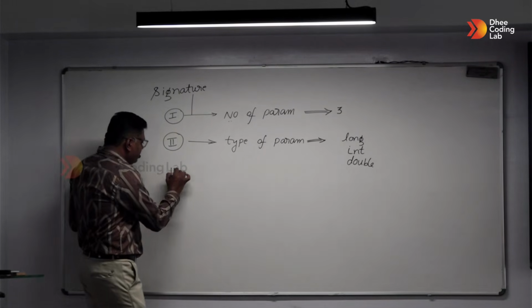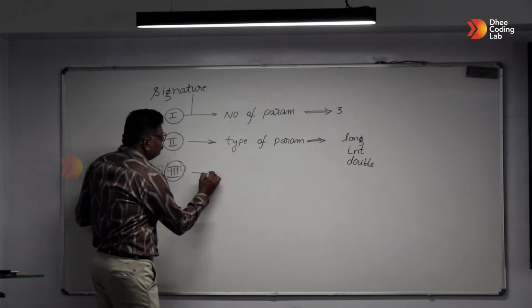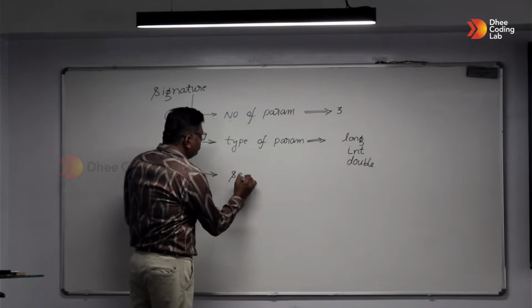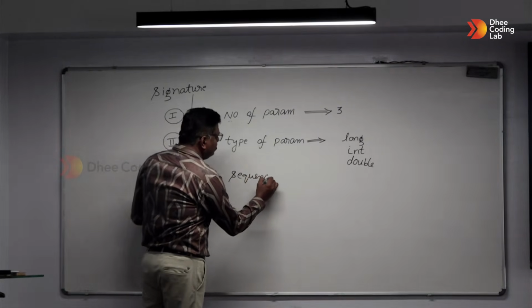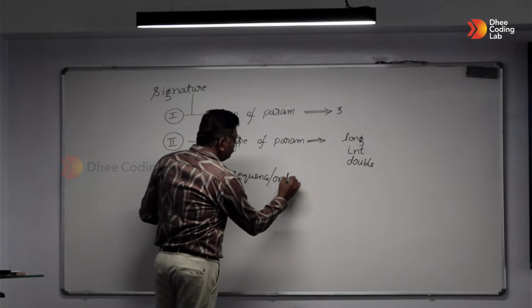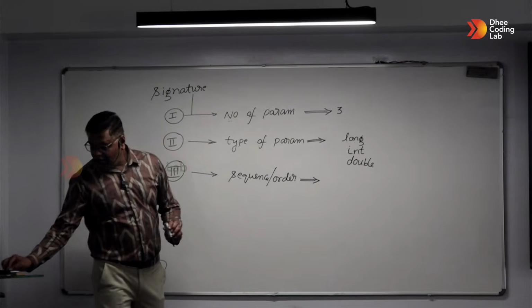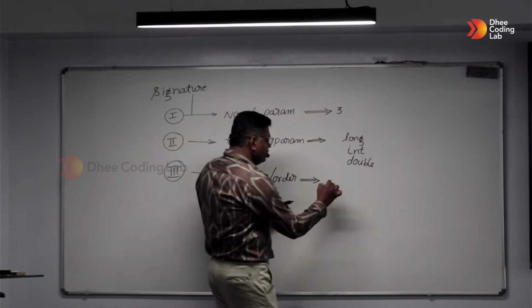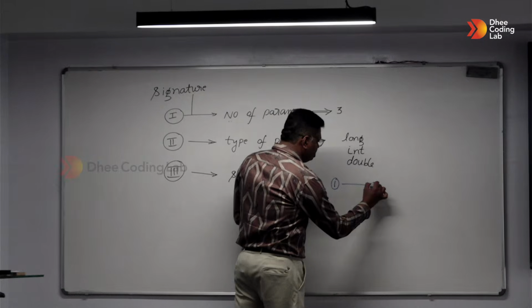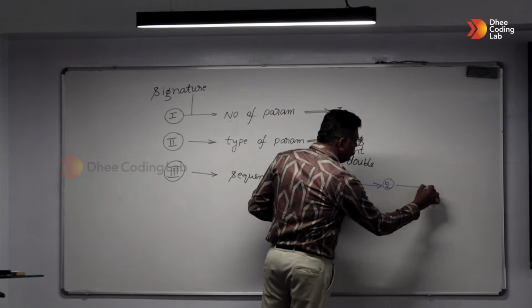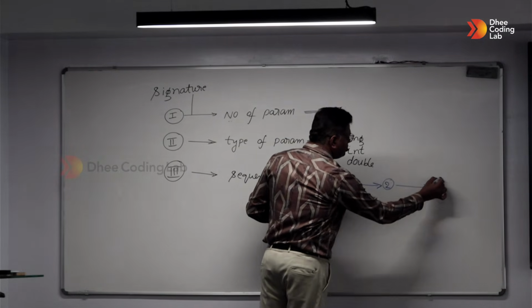The third priority is always given to the sequence or the order of parameters. What is that? Sequence or the order of parameters. So now in our case, tell me how many parameters are there? Three. The first one, the second one, and then the third one. Correct?